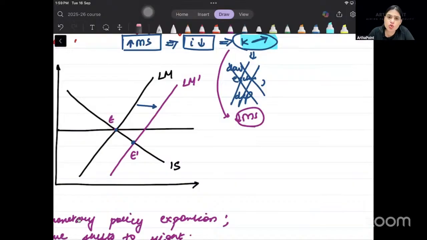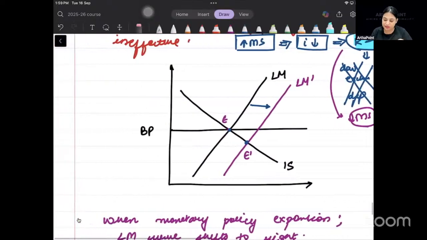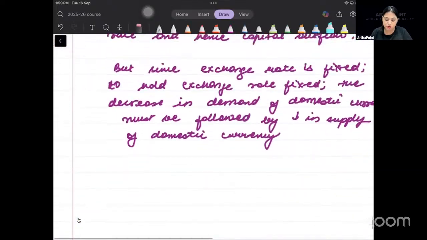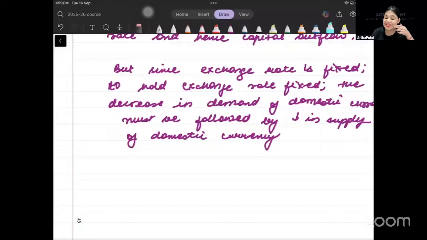So everyone wants to go outside India, right? So the demand for Indian currency is decreasing. If demand is decreasing, to keep the exchange rate the same, we must decrease the supply also. So when demand starts decreasing because of capital outflow, you decrease the supply of the domestic currency also.